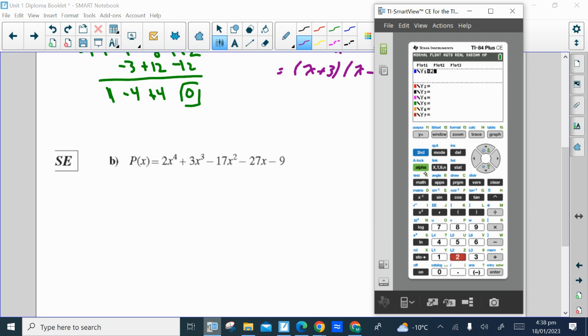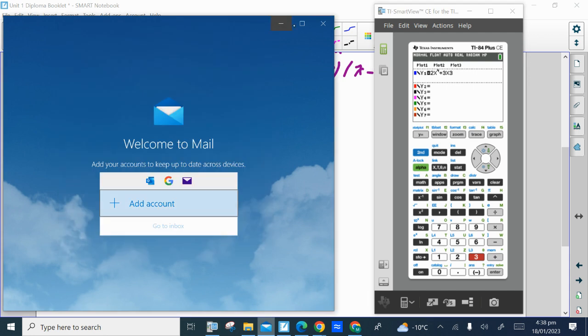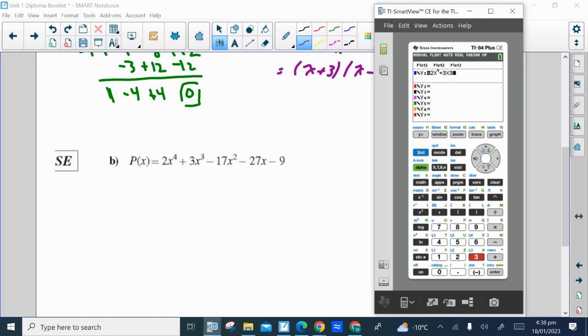So 2x to the power 4 plus 3x cubed minus 17x squared minus 27x minus 9.